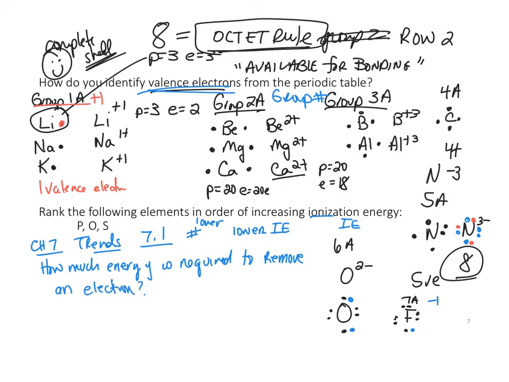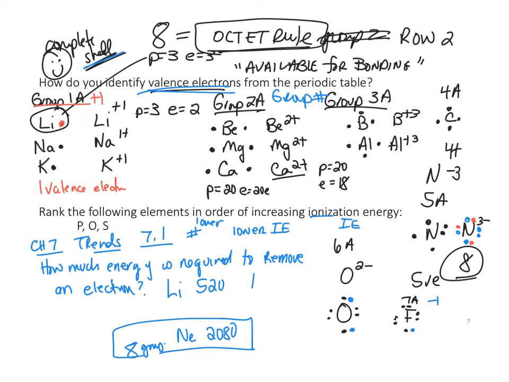Well, notice that, let's just look at the first one. Lithium has an ionization energy of 520, and neon has an ionization energy of 2080. Well, neon, what group is it? 8. So it's group 8. It has a complete octet. It does not want to give up an electron. Lithium, you know lithium forms a +1 charge. So therefore you should know that it's going to have a very low ionization energy, because it always does this.